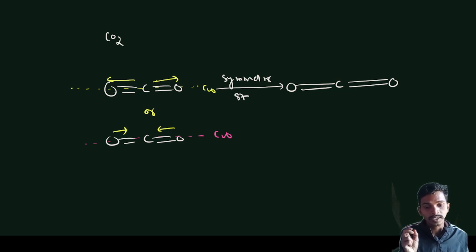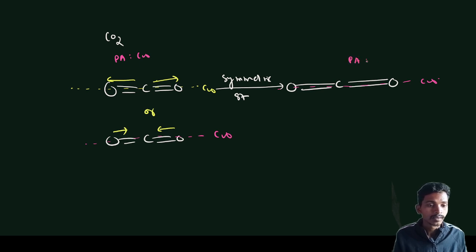I will stretch in such a way that I get equal amounts in equal directions, so that I get equal molecules in their relative positions. So here also the principal axis is C infinity.